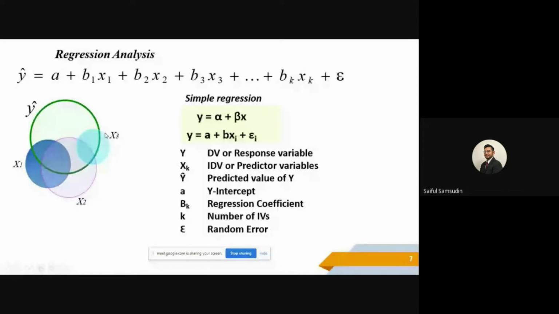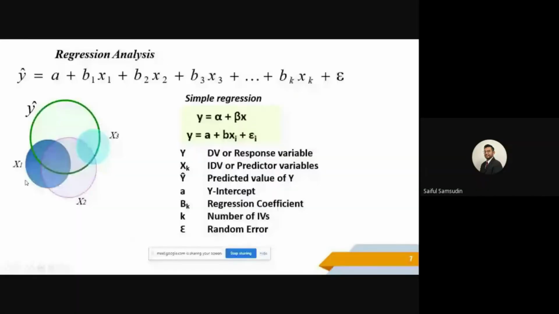Saya akan explain lebih terperinci tentang ini. So we know that these have a correlation with the dependent variable. Okay, it's clear about the formula about regression.